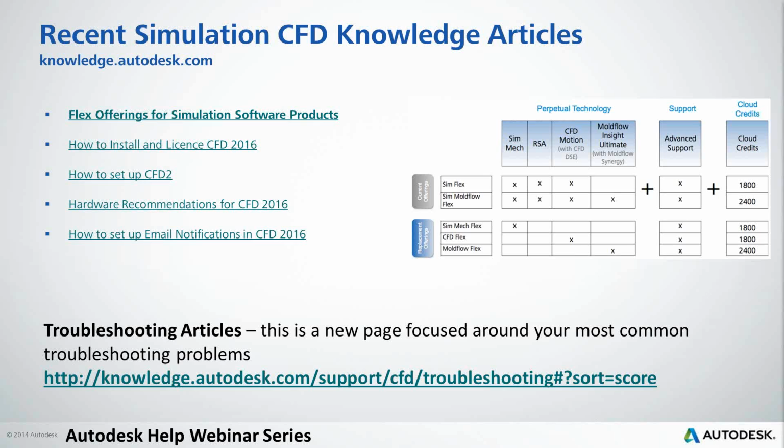Email notifications for CFD 2015 have been turned off, and there's an article here about how to set them up for 2016. It is very slightly different. We wanted to mention just one final time that there's a change in how you can purchase the simulation products. They used to come under one package, and now moving forwards, they're all going to be separated.